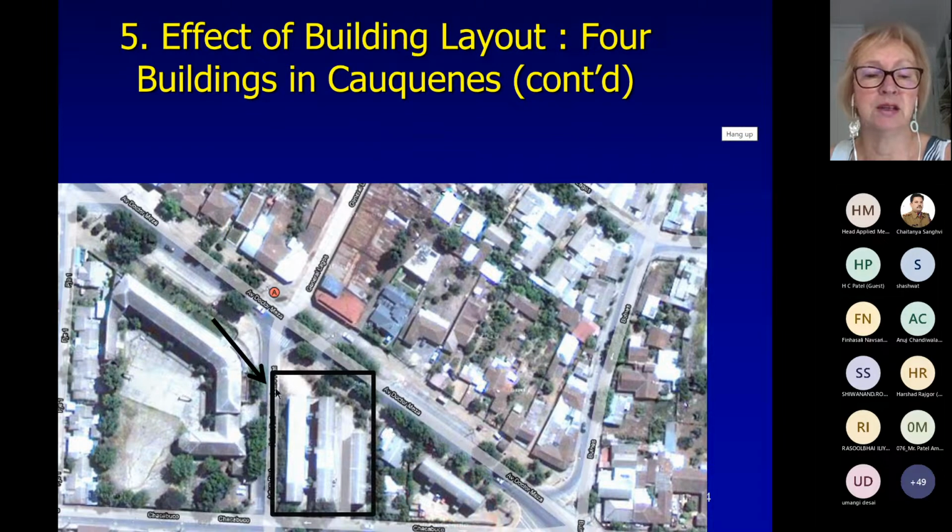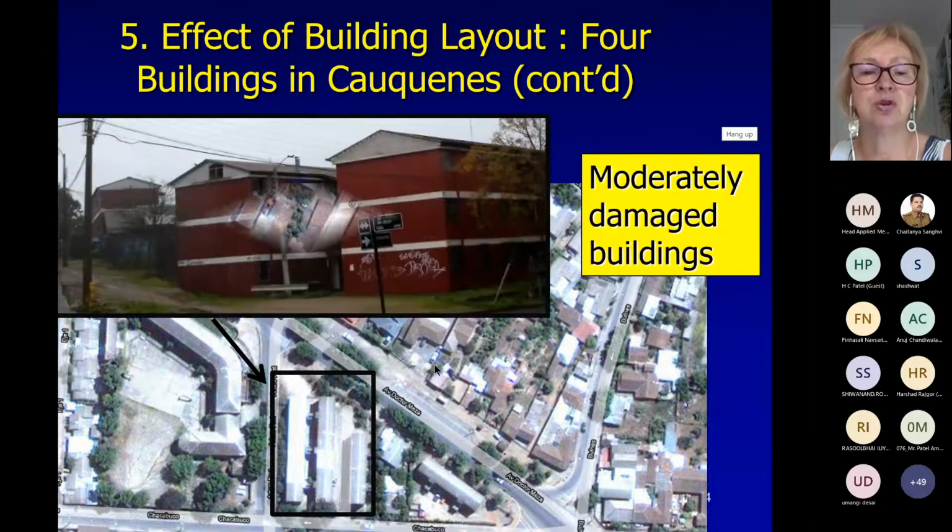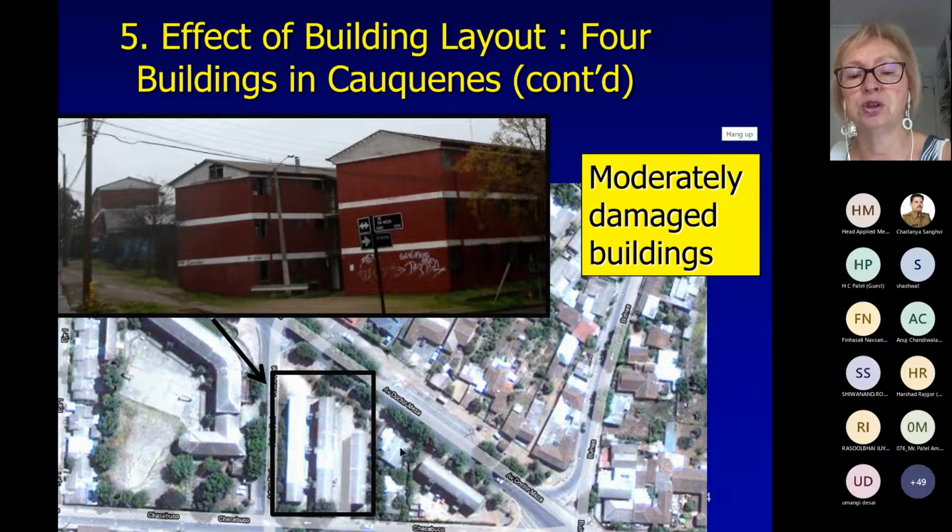But the other 3 buildings, which are here circled in black, we visited them. They were moderately damaged to no damage. Because they were in the other direction, and the predominant direction of earthquake loading was along the longitudinal direction of this damaged building, these other buildings were not damaged.